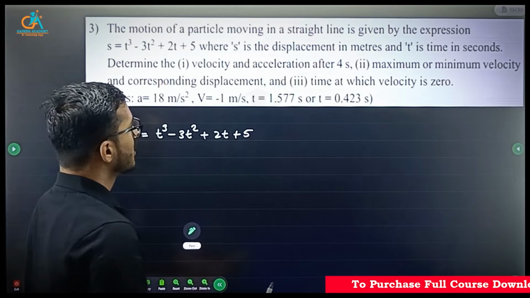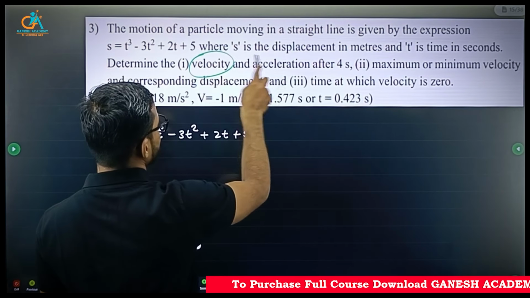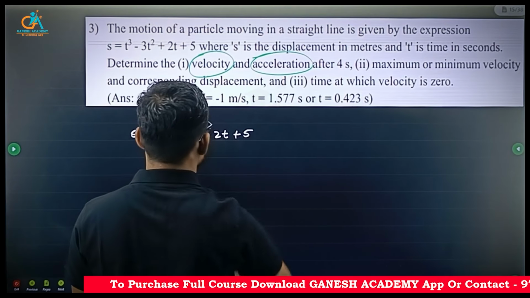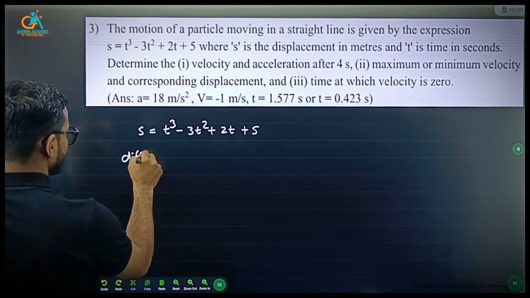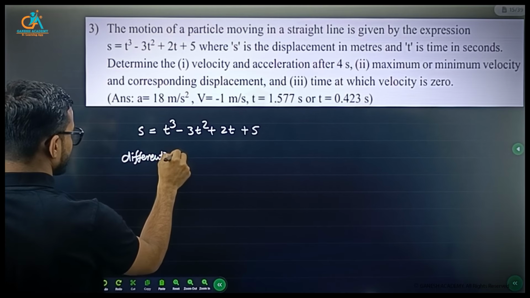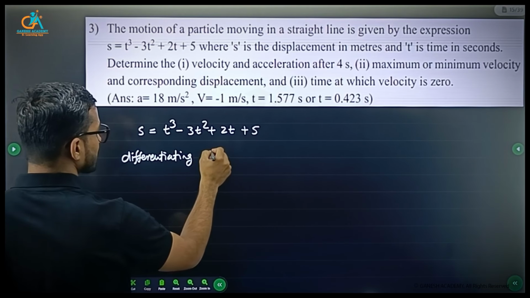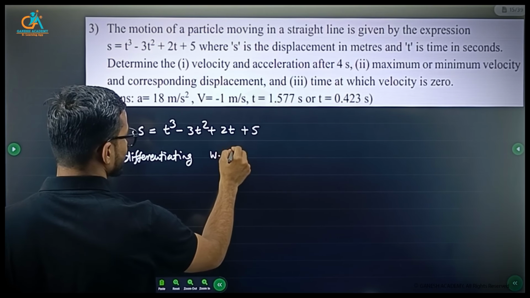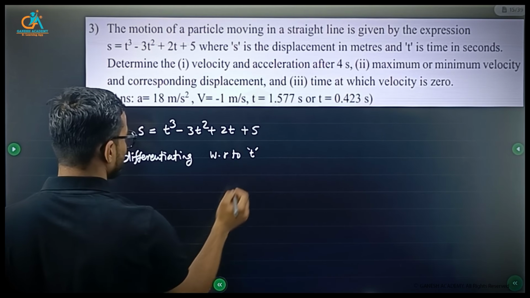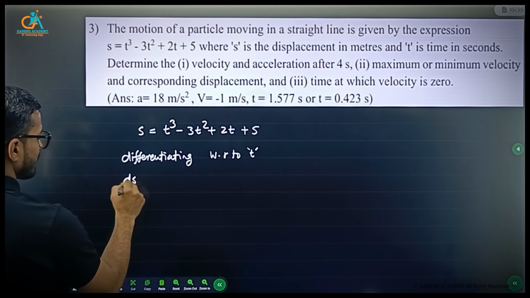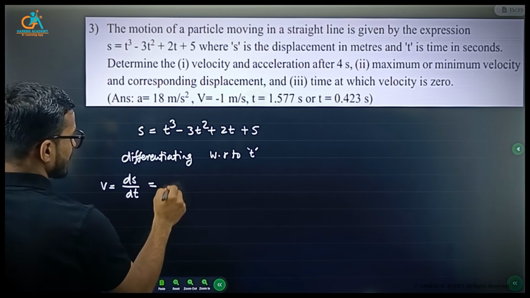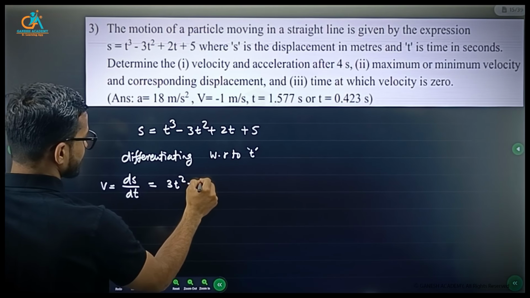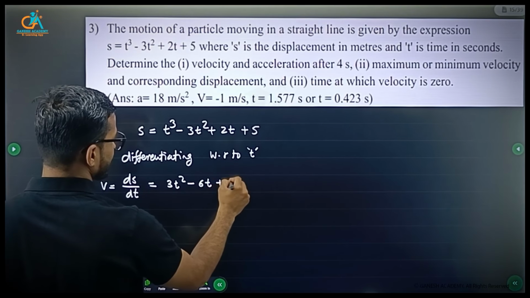So first of all, we have to find velocity and acceleration function. So differentiating with respect to t, we'll get the velocity function. ds by dt is nothing but velocity function, and that is equal to 3t square minus 6t plus 2.